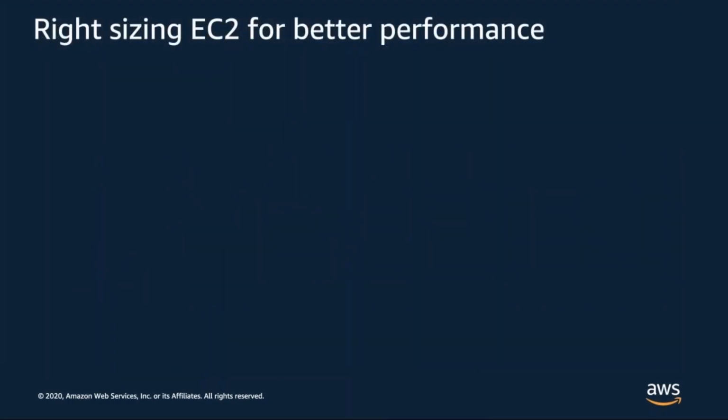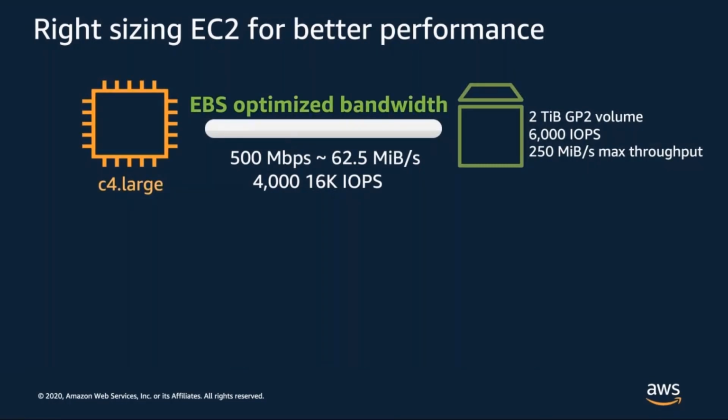Let's talk about right sizing your EC2 instance for better performance of your workload. Take the example of an application that requires 2 terabytes of a GP2 volume at a provisioned IOPS of 6,000 by the sizing of the GP2 volume. Choosing the right instance type is key here. So if you select a C4 large, for example, that specific instance has a baseline of 4,000 IOPS, whereas your application workload expects 6,000 IOPS during the peak.